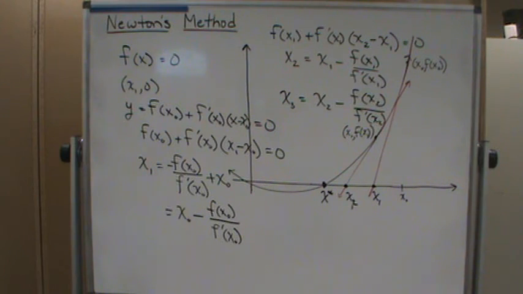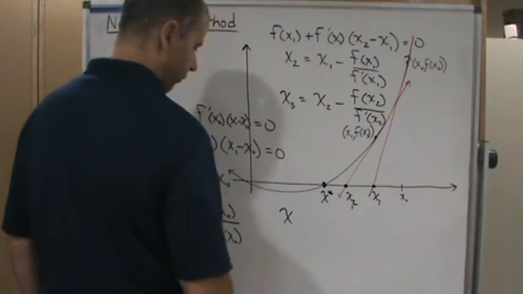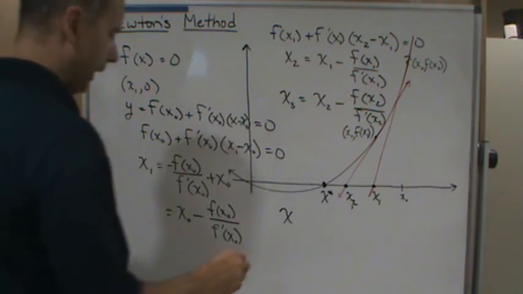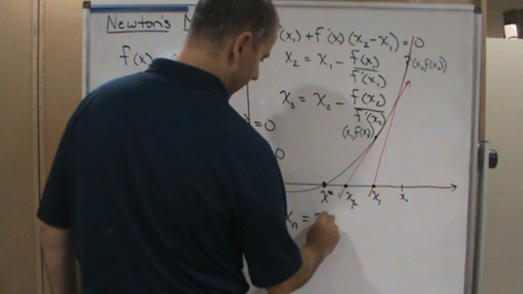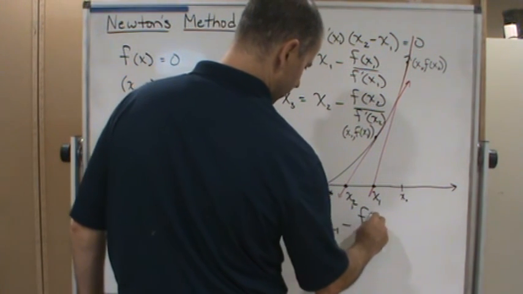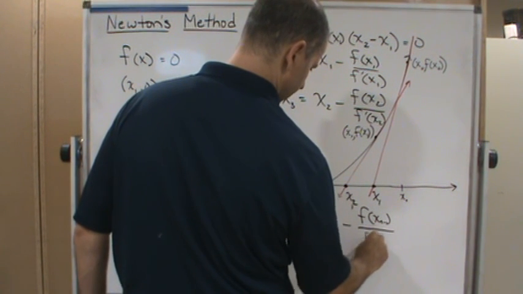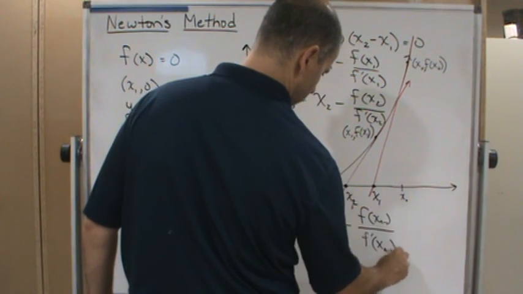So guess what? Now, we could say, okay, for x sub n, for all n greater than 0, x sub n satisfies this equation. It'd be x sub n minus 1 minus f of x sub n minus 1 divided by f prime of x sub n minus 1.